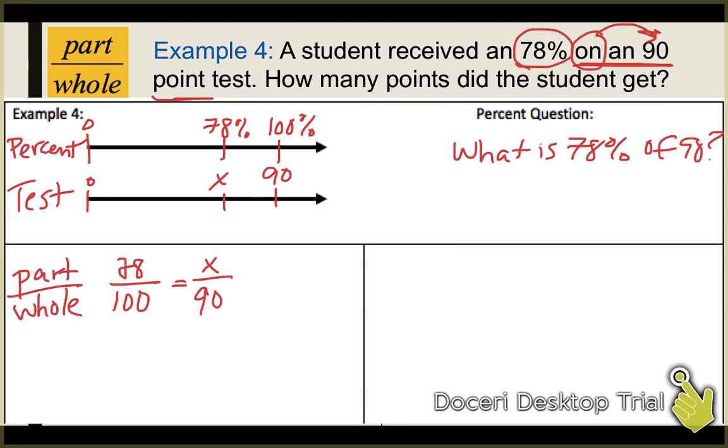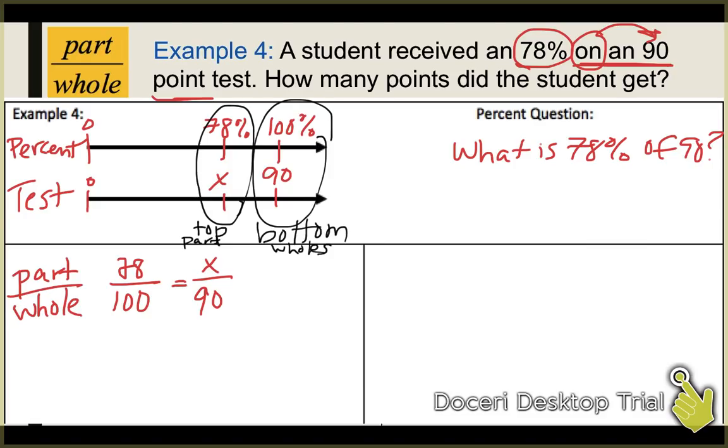Because I am looking for my part. These are my parts. These are the top numbers, and these are the bottom numbers. Because these are my parts, and these are my wholes.